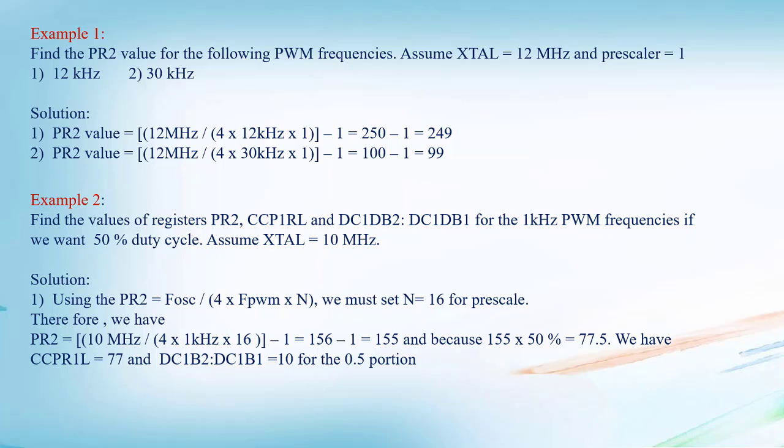Therefore PR2 equals 10 MHz divided by 4 into 1 kHz into 16, minus 1. So we get 156 minus 1 equals 155, and because 155 multiplied by 50% duty cycle equals 77.5, we have CCPR1L equals 77 and DC1B2:DC1B1 equals 10 for the 0.5 portion.